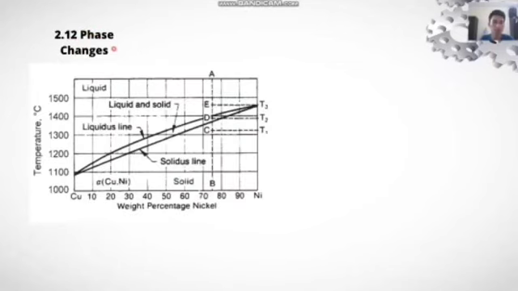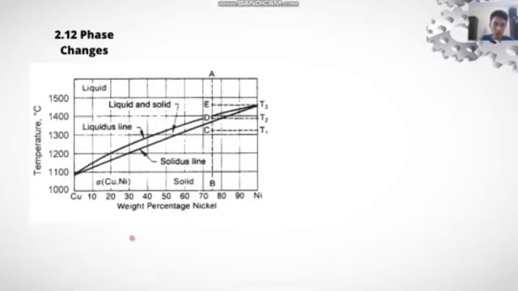2.12 Phase change. The liquidus line and solidus line. The formation of phases in alloys is influenced by temperature and alloy concentration.